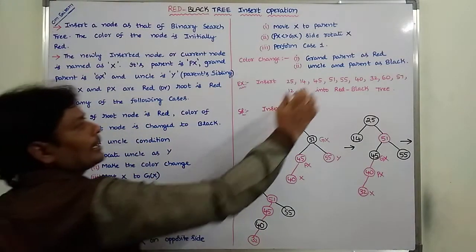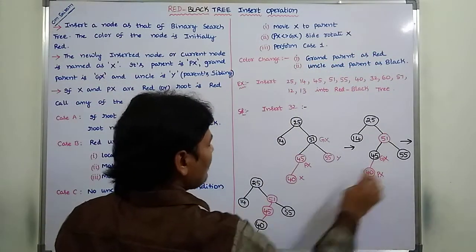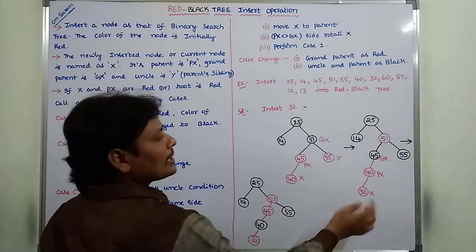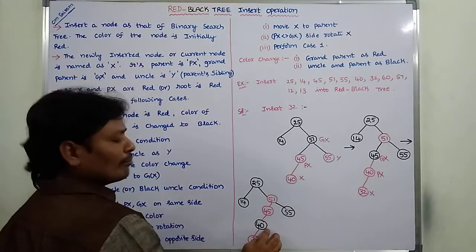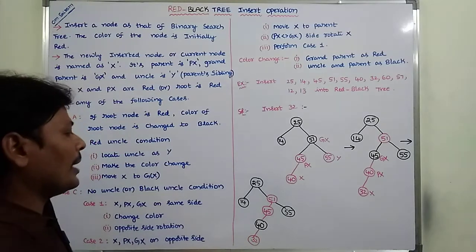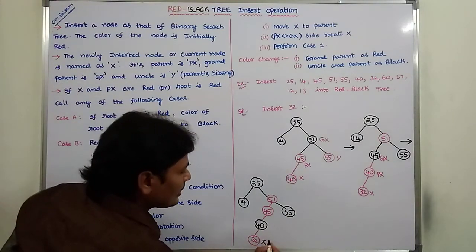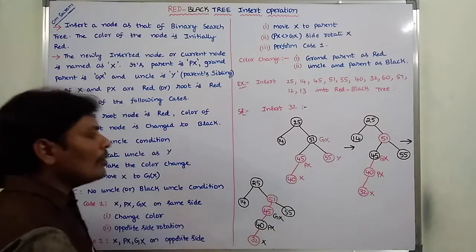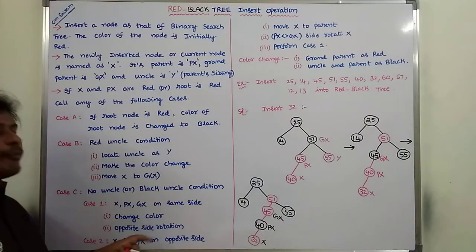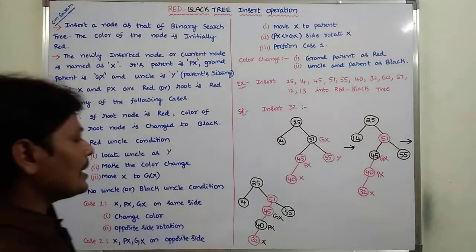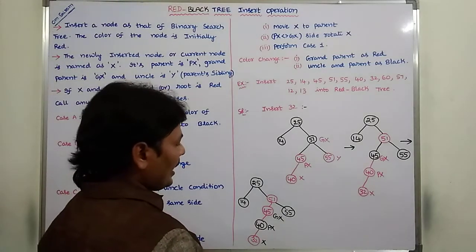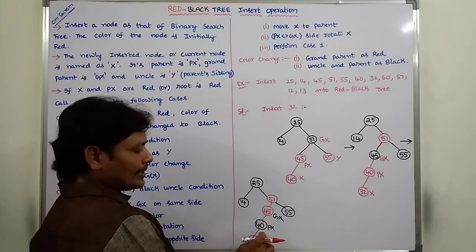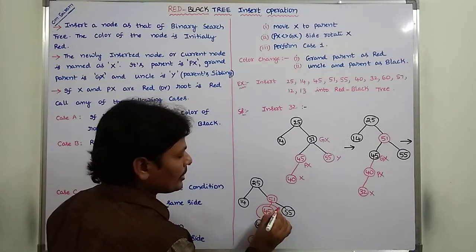Change the color: grandparent as red, uncle and parent as black. Here the uncle is not there, the parent is changed to black, and this is x. Now this is x, this is px, and this is gx. Now we have to perform the opposite side rotation. Opposite side rotation means, since this is a left arrangement, we go for a right rotation.